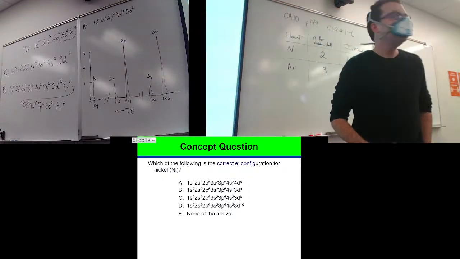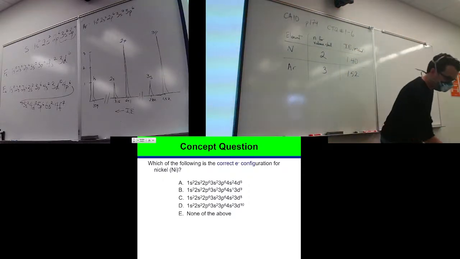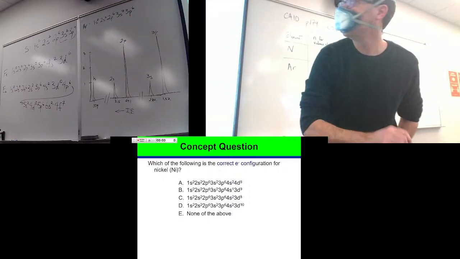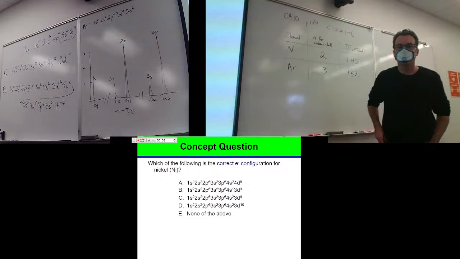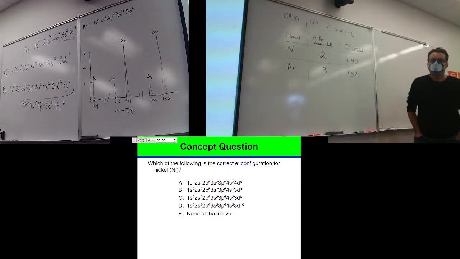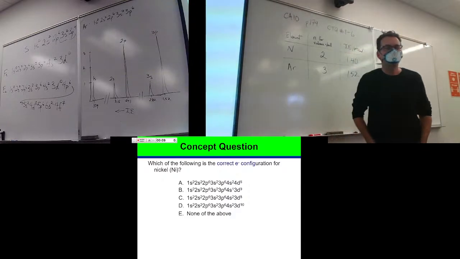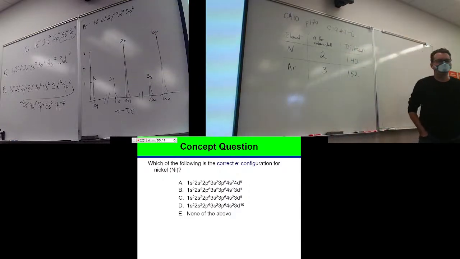Alright, so running out of time. What is the electron configuration for nickel? We have a little bit to go. That's Ni, nickel, number 28.